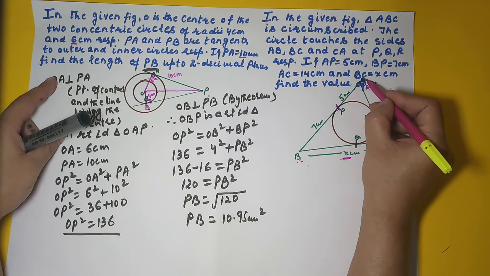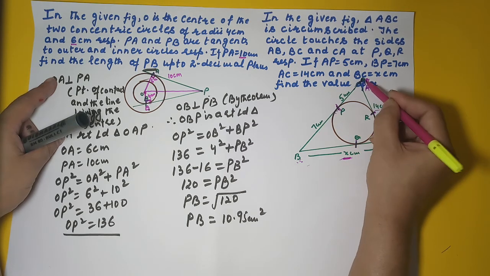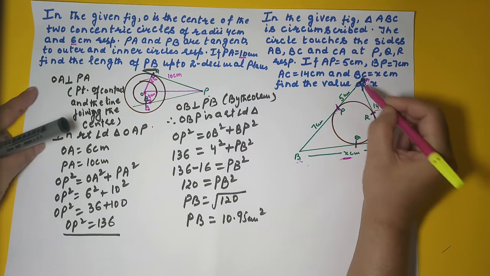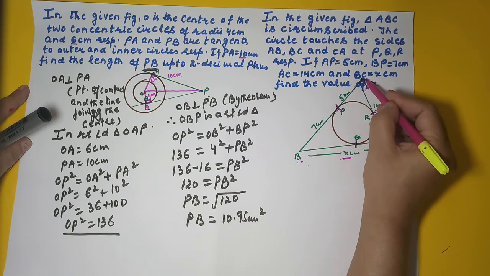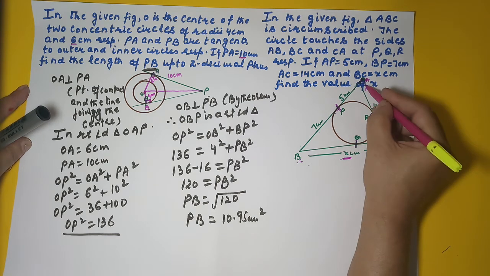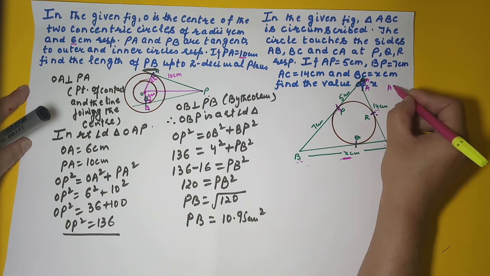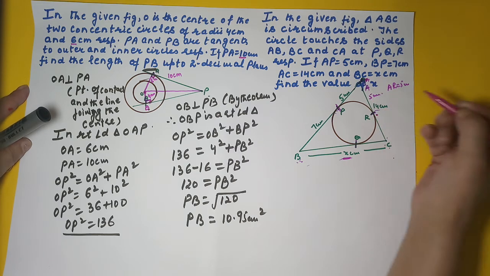If we consider this point A, this is an external point. AP and AR are the 2 tangents to this circle, right? Does that mean AP is equal to AR? But our AP is 5, so AR will be 5 centimeters. That means this part will be 5 centimeters.